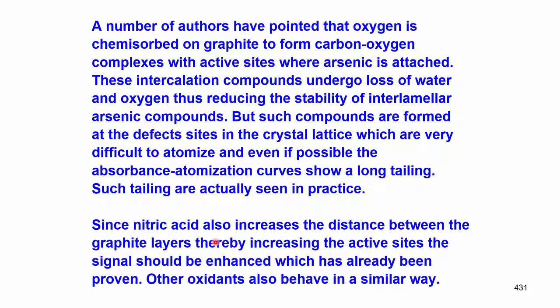Now, if nitric acid is there, it increases the distance between the two carbon planes. It attacks the carbon basically, but the mode of attack is by increasing the distance of each carbon layer from the other. So, nitric acid increases the distance between the graphite layers, thereby increasing the active sites. So, the signal should be enhanced.